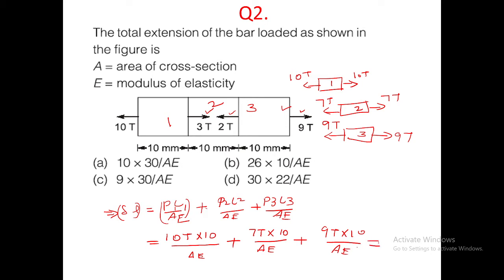So 10 plus 7 is 17, 17 plus 9 is 26T into 10 divided by AE. So the answer is the second one, 26 into 10 divided by AE.